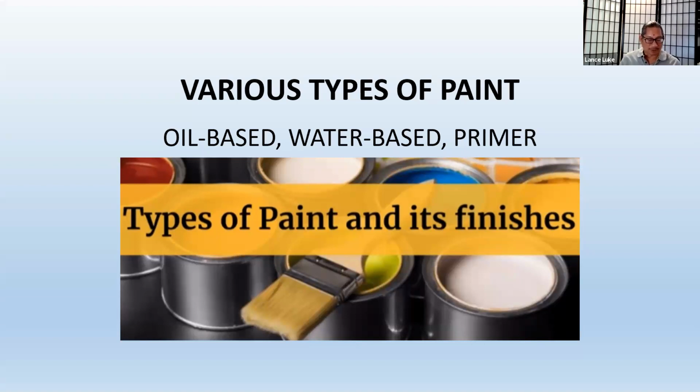And a lot of people say that, well, primer is basically not a paint, but in the beginning, it wasn't. It was just paint that you put on before you put the real paint on. But lately, there's primer mixed into the finished paint and things like that. So I consider primer to be a paint also.